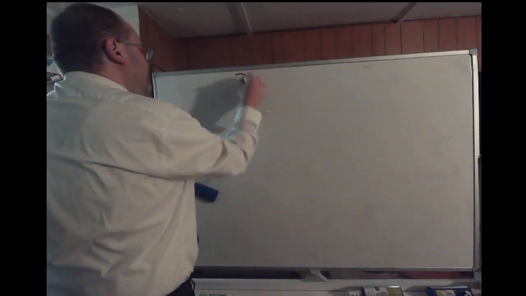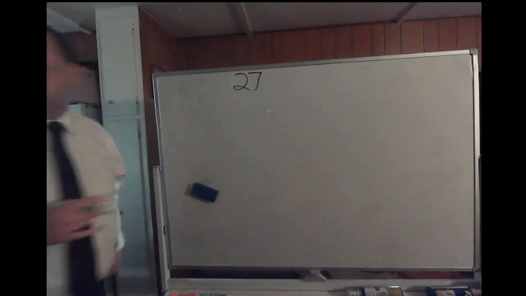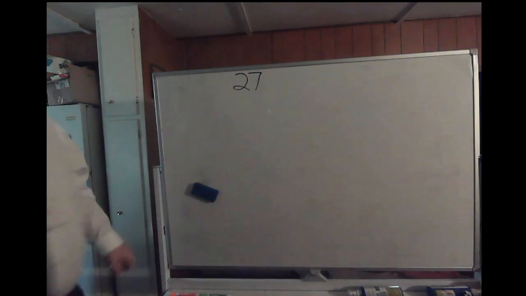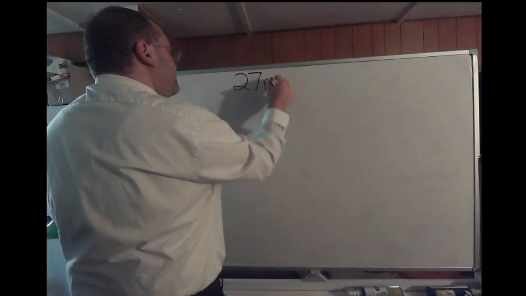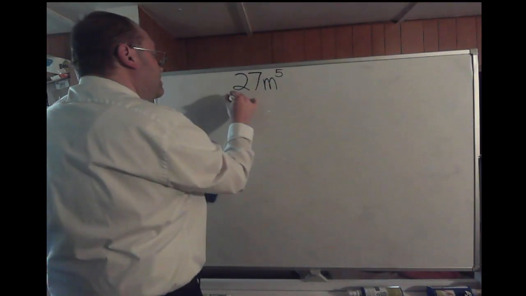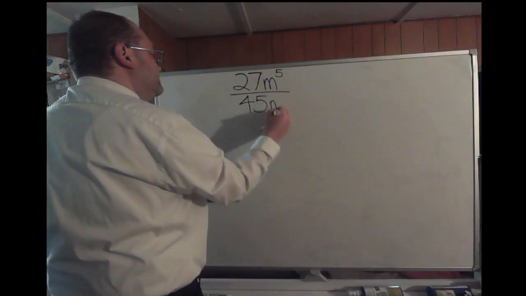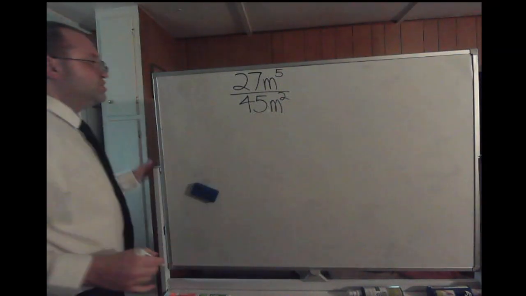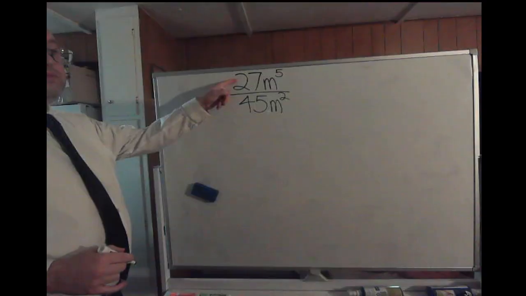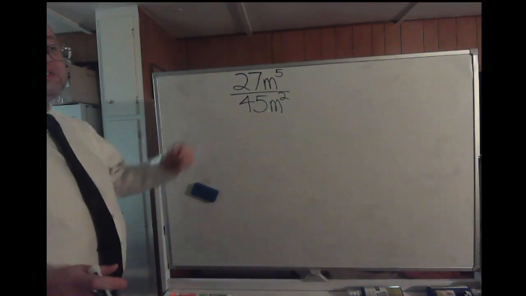Let's see, we have 27m to the 5th over 45m to the 2nd. So we have the ratio of 27m to the 5th to 45m to the 2nd.